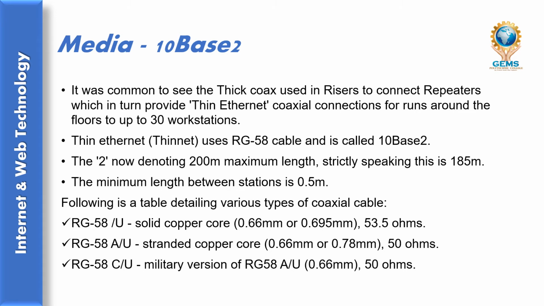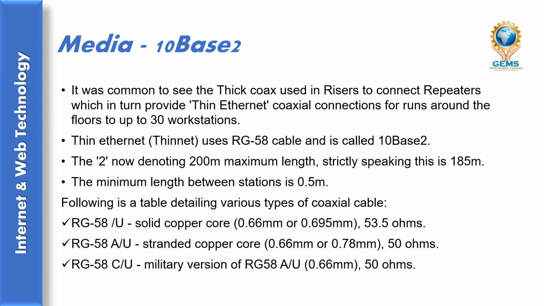The thin Ethernet, known as thinnet, uses RG58 cable and is called 10Base2. The 2 denotes a 200-meter maximum length, although strictly speaking it is 185 meters, and the minimum length between stations is 0.5 meters.